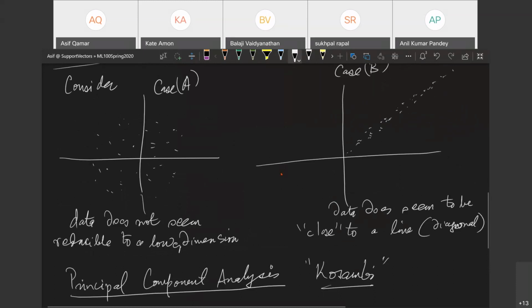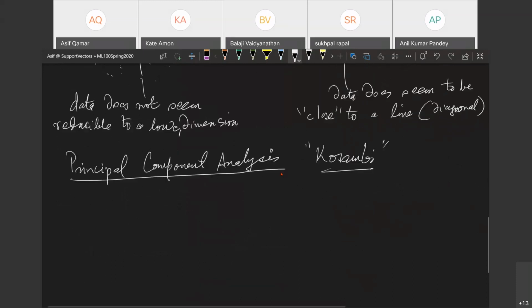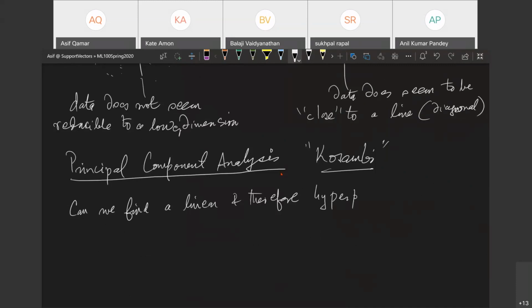Look at case A and case B. Ask this question: can we find a linear, and therefore hyperplane, hiding embedded in the feature space? It's a very important question it asks.